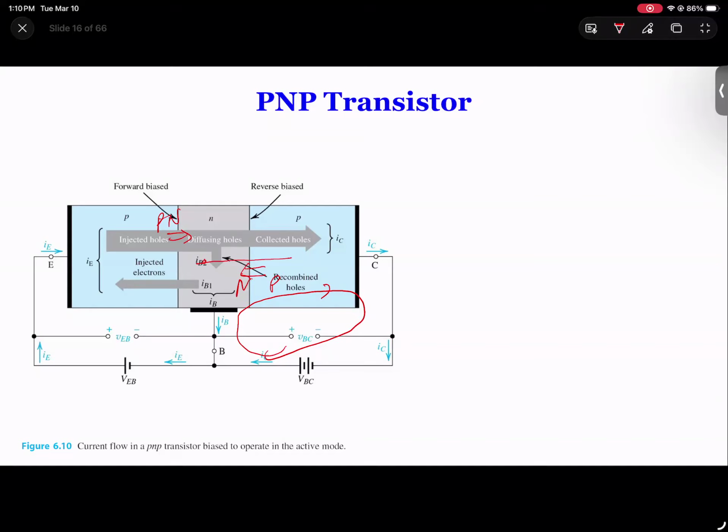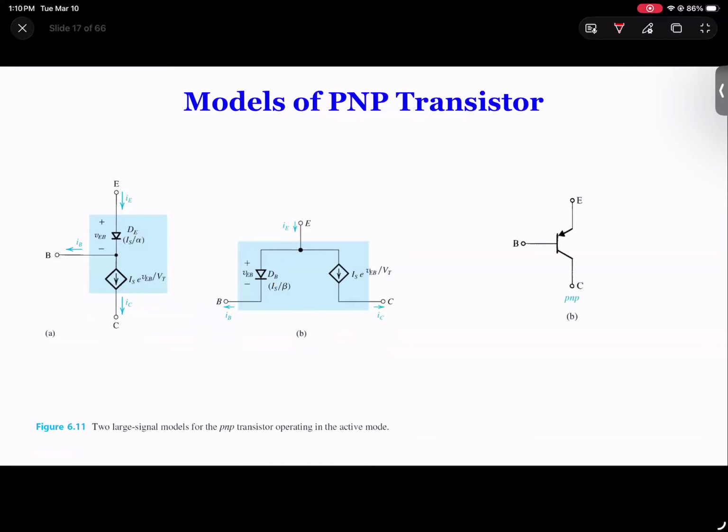So you have a current going to the collector. And the symbol for PNP is exactly the mirror, like top-down mirror of NPN.